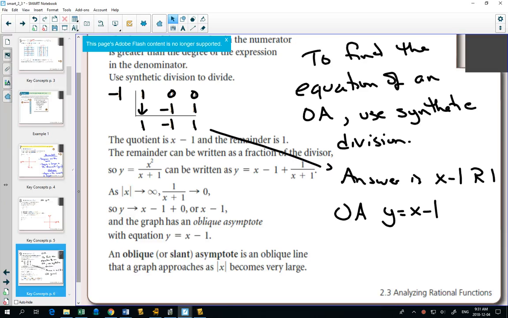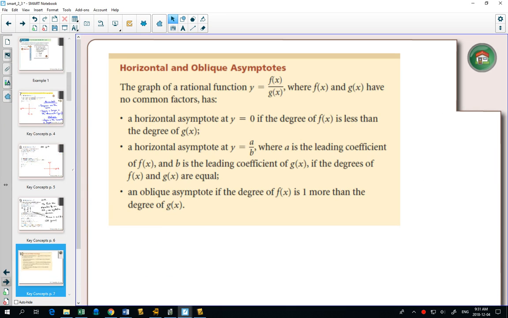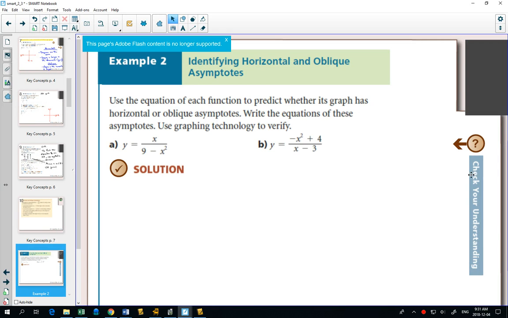So yeah, this is like y equals mx plus b. So it has a slope of 1, a y-intercept of negative 1. And that's how you would graph. You'd graph it with a dotted line. Okay, so there is a summary, and we're ready for example 2.